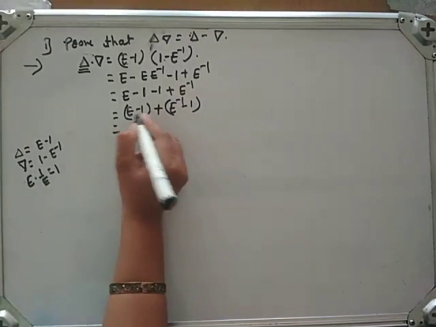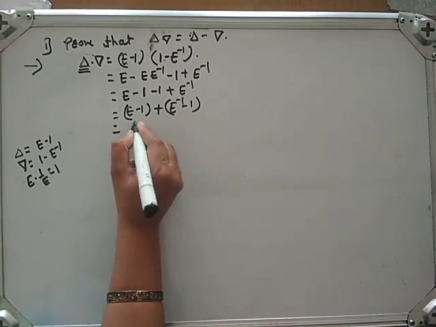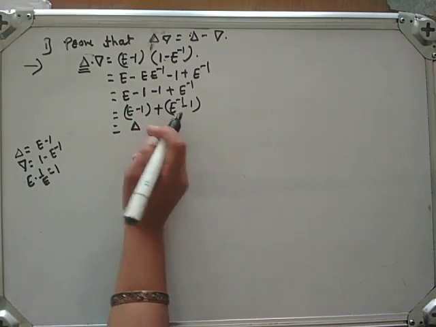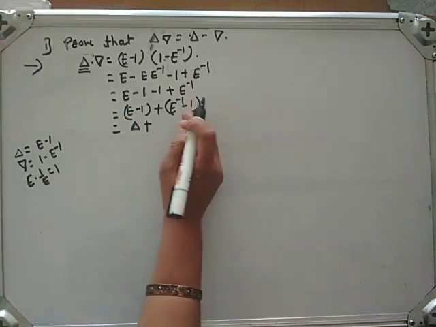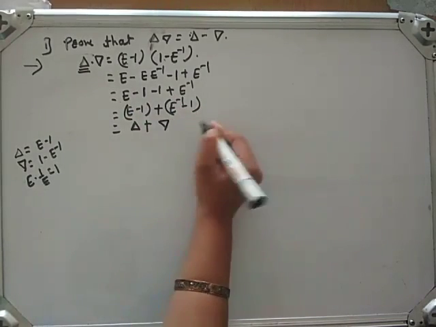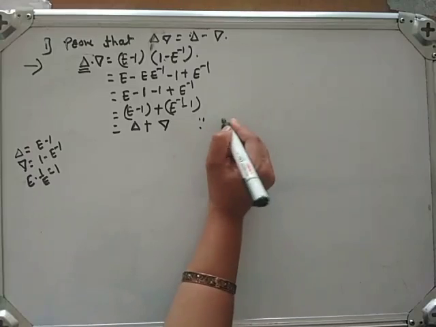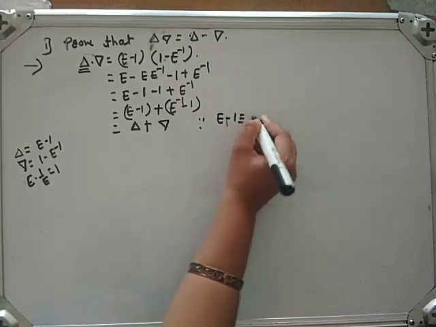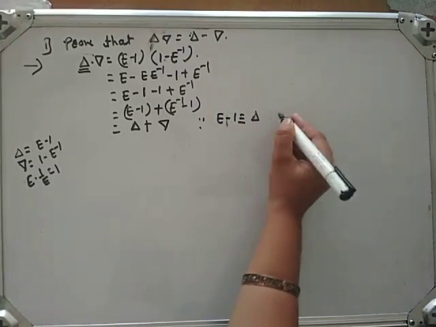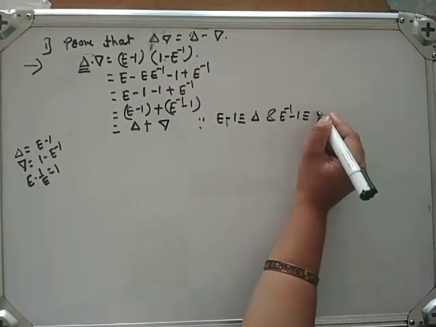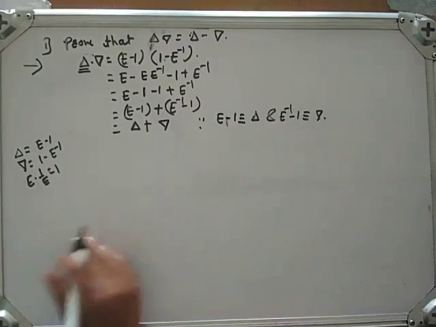We get, this is the definition of delta, E minus 1 can be written as delta plus E inverse minus 1 is nothing but del. Here you can give a reason, since E minus 1 is equivalent to delta and E inverse minus 1 is equivalent to del. Okay.